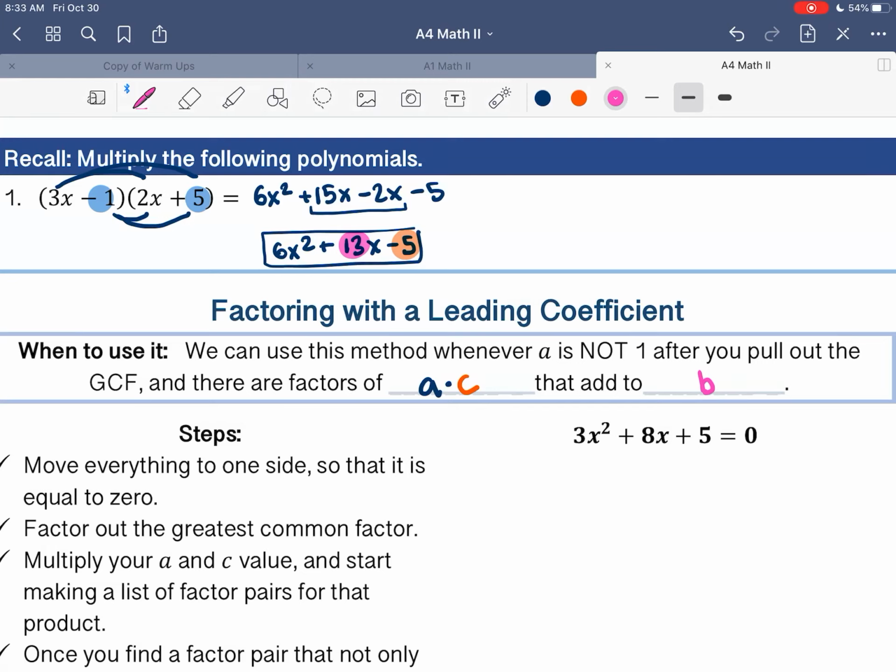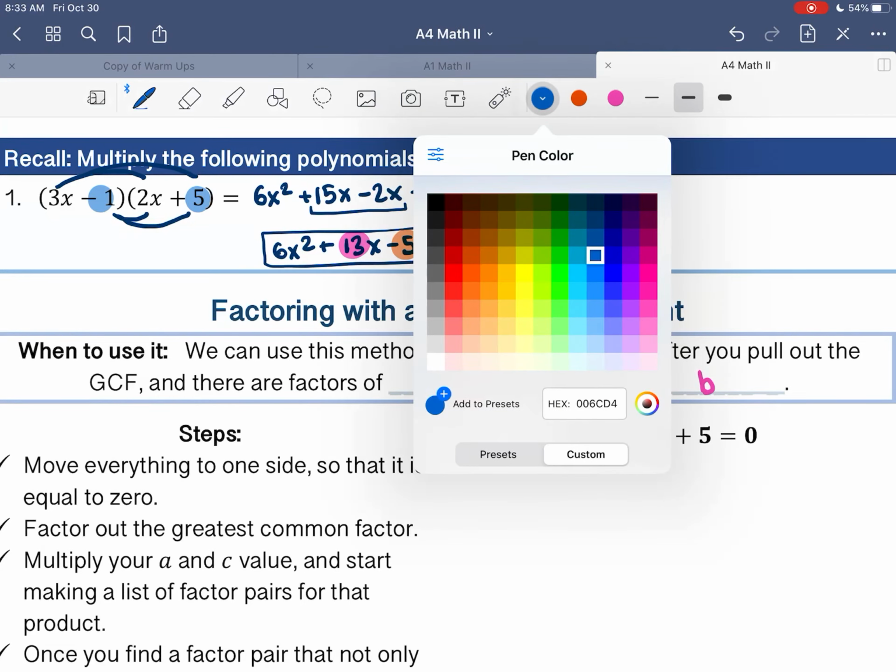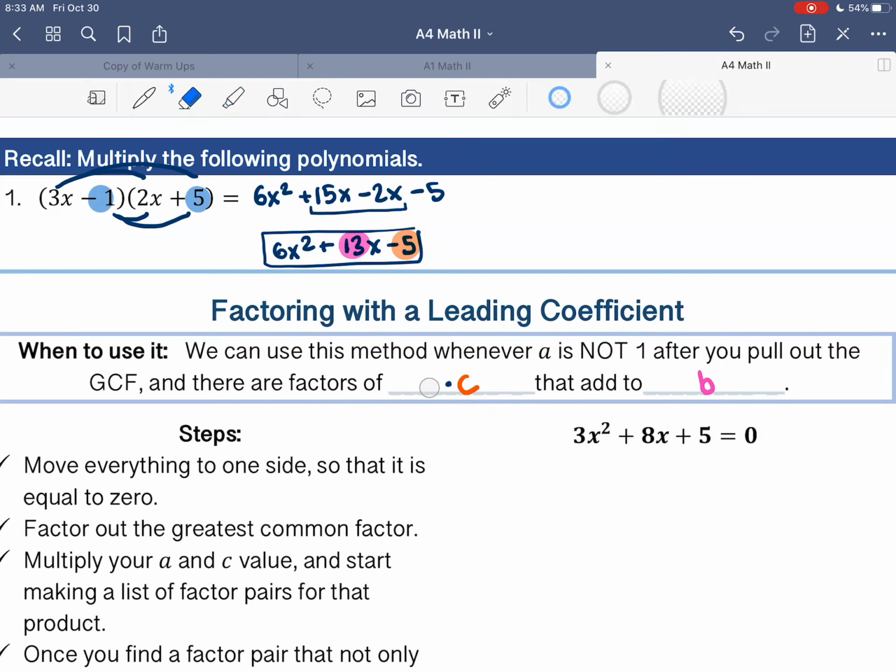That might sound familiar from when we were factoring. That one we can use when there are factors of just c that add to b. This time we've mixed in that leading coefficient of a. A times c that add to b.